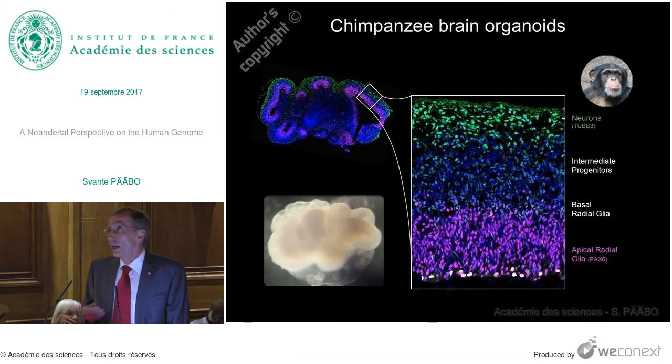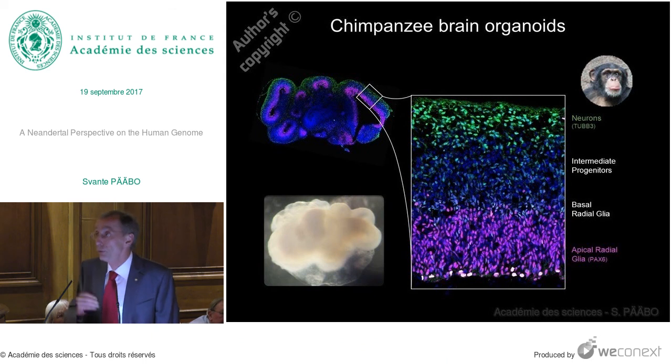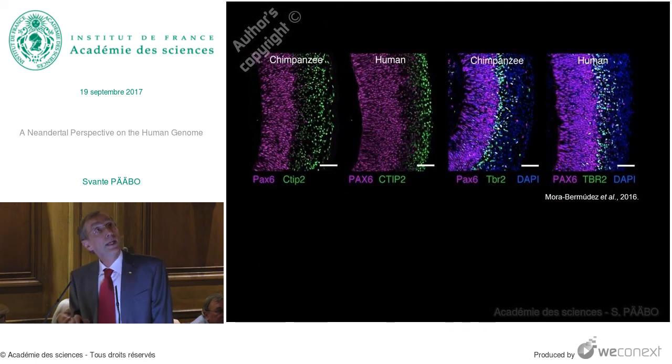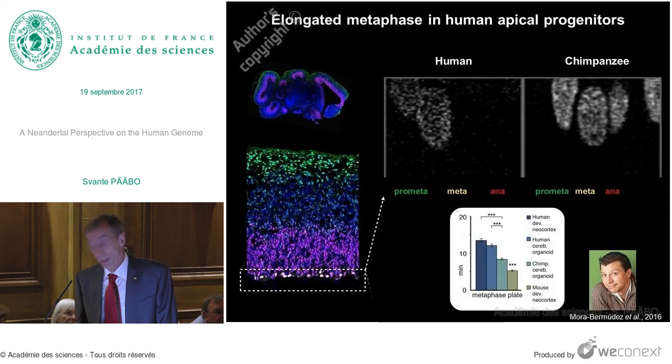So we can now make such models for human mini brains that develop in tissue culture and chimpanzee brains that develop in culture. So when we do that and compare them in our lab, they look very similar to each other. But there are some interesting differences.